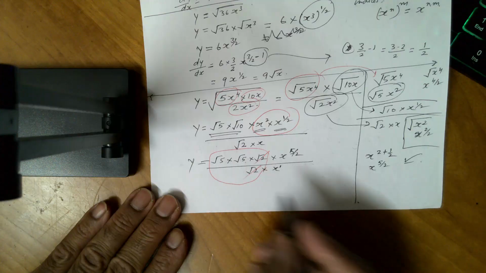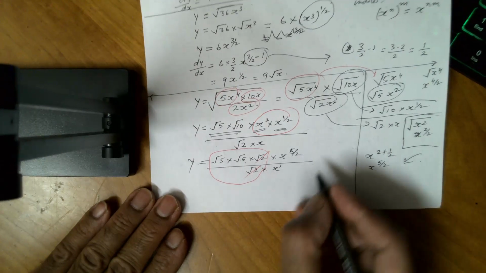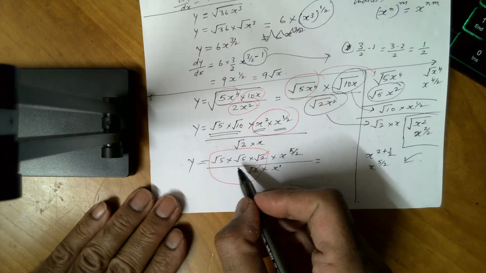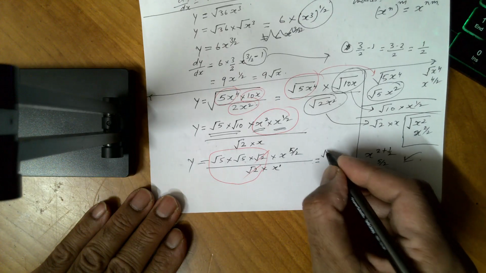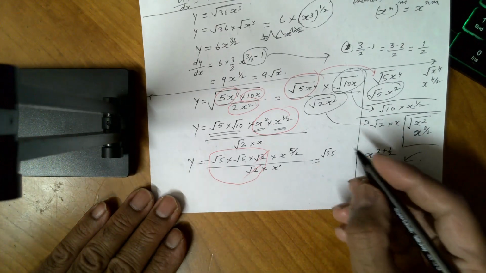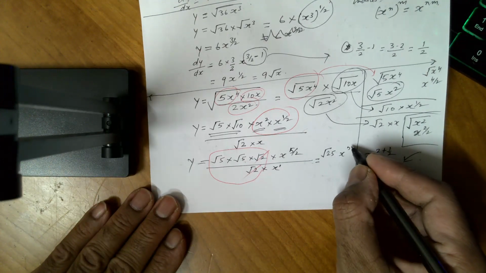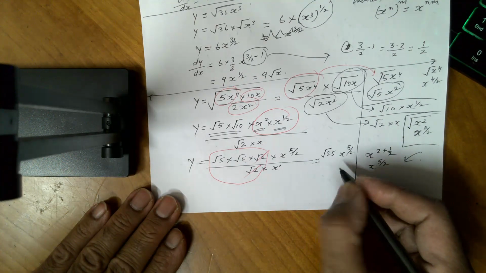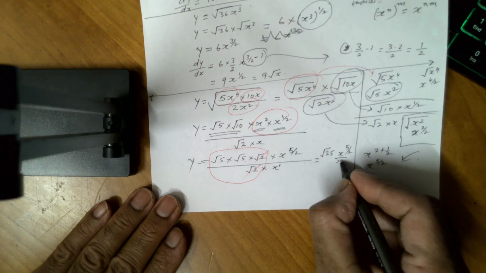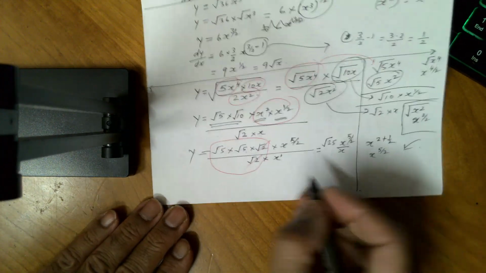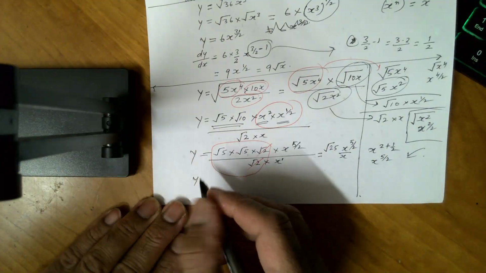Now what would you get here? You have square root of 5 and square root of 5. That will give you square root of 25. Then you have your x to the power 5/2 and you still have your x here. Further simplify that one.